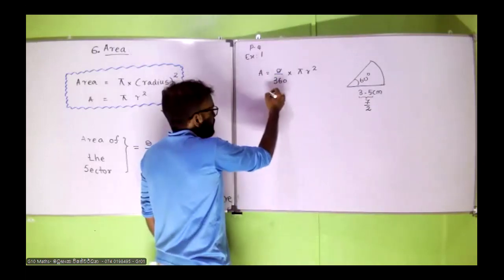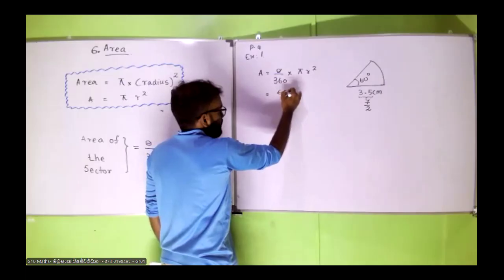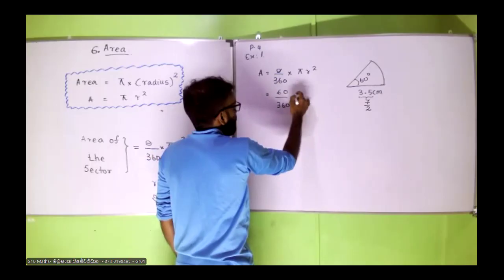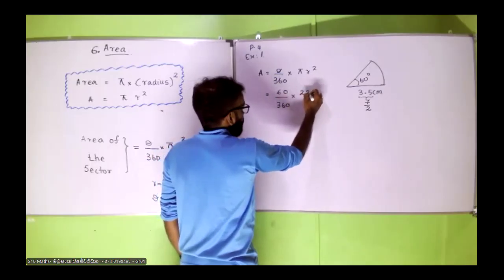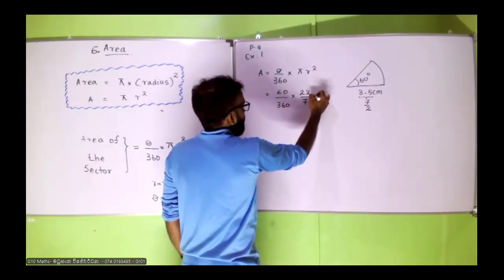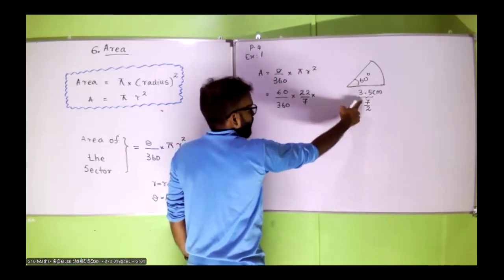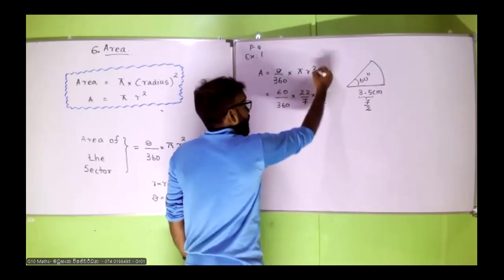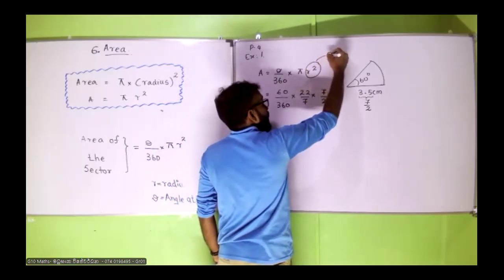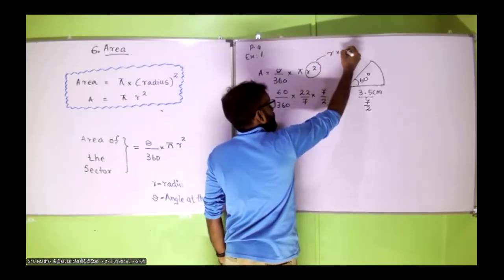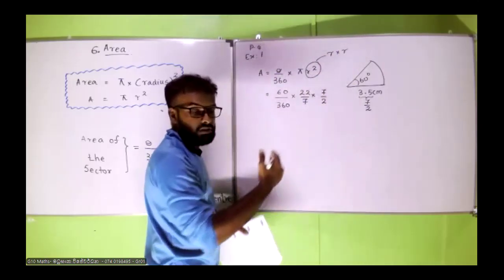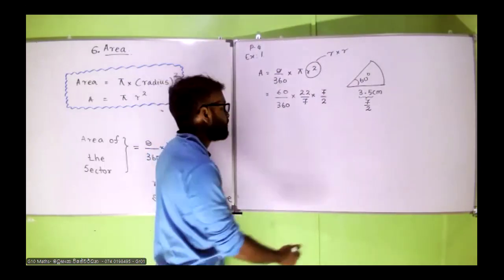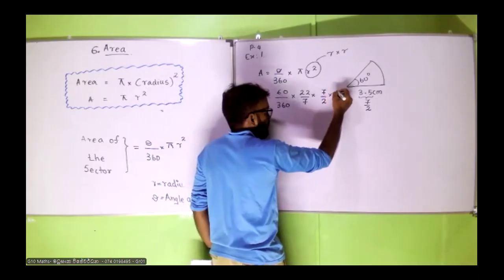So here theta, 60 degrees divided by 360, multiply pi, which means 22/7, multiply r squared, 7/2. R squared means r into r, r multiplied by r. That means 7/2 multiplied by 7/2.